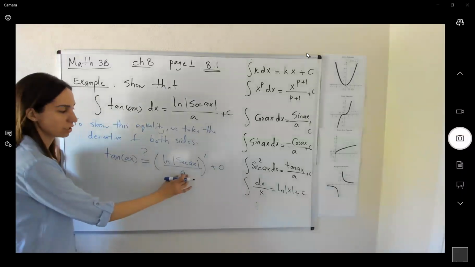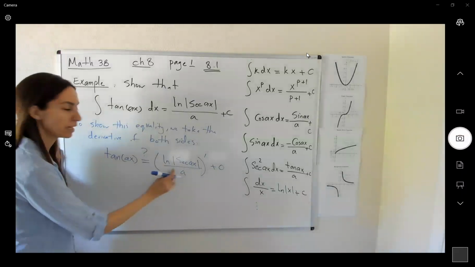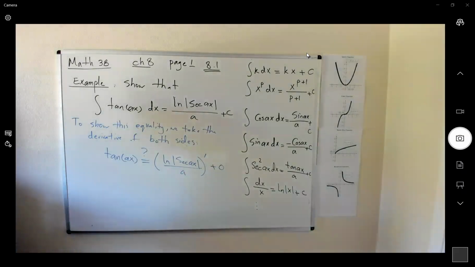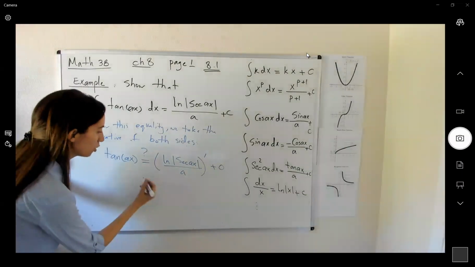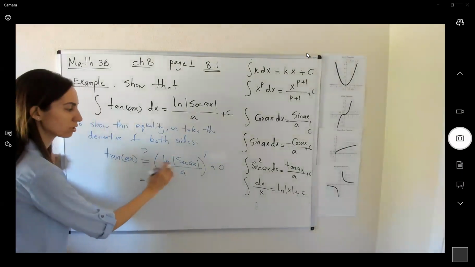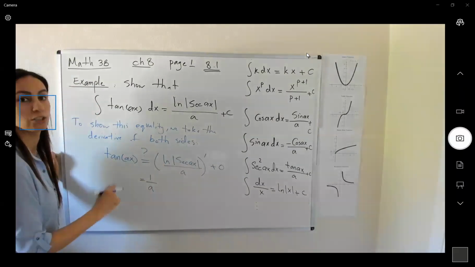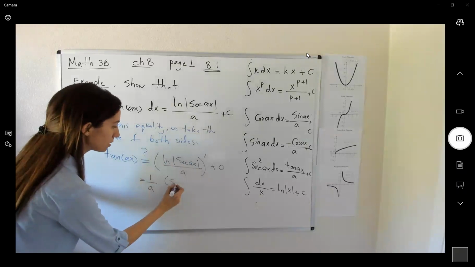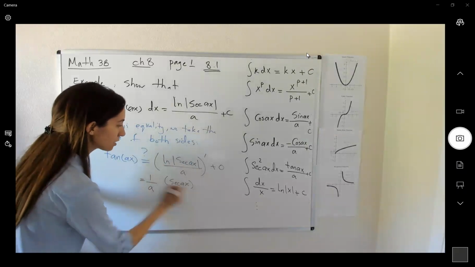First of all, here you have 1 divided by a. You can take this coefficient and write it in front of the derivative. So here you have 1 over a. Now you take the derivative of ln.